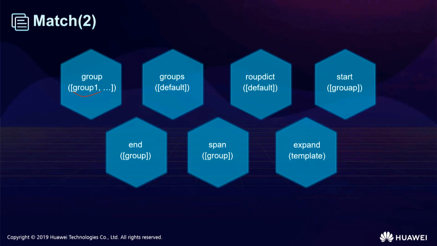The group argument can be a number or the alias, and the number 0 represents the entire matched substring. If no argument is given, it returns group 0; None for groups without string interception, and the last intercepted substring for groups with repeated string interception.